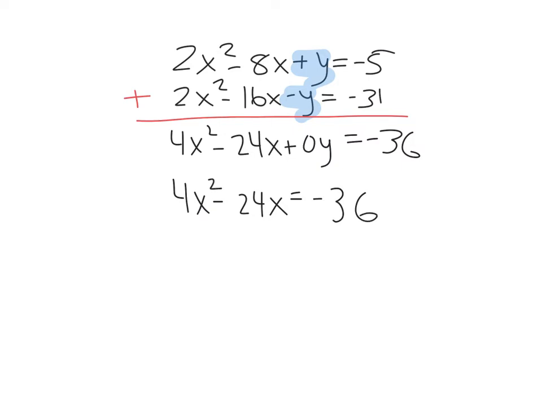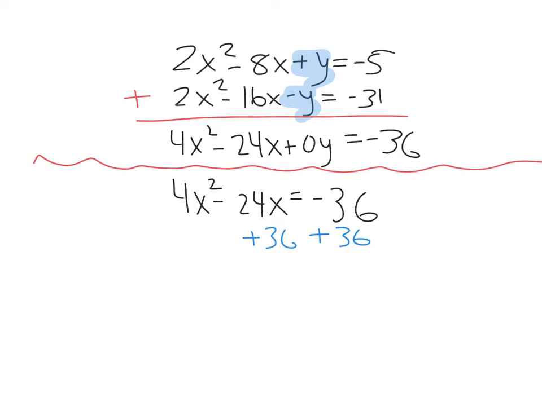Now, what's nice about this is this actually closely resembles a quadratic function that we've seen before in the past. If we actually get everything to one side, meaning I could add the 36 on either side, I could get this looking like maybe the AC method where I could then factor it because it's equal to 0.